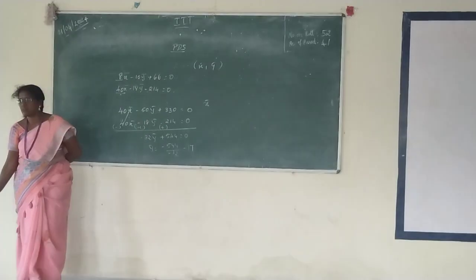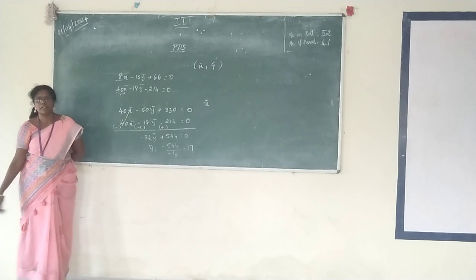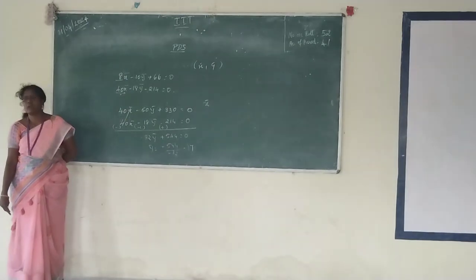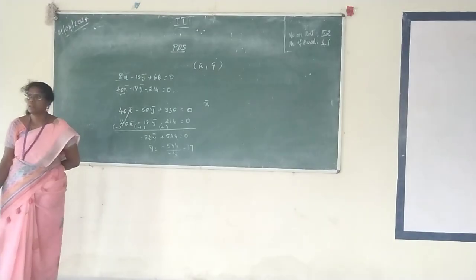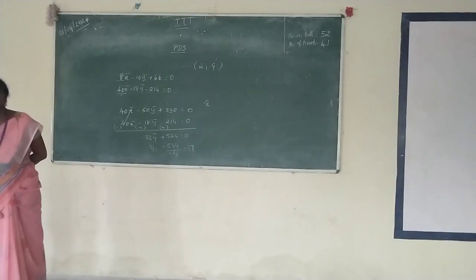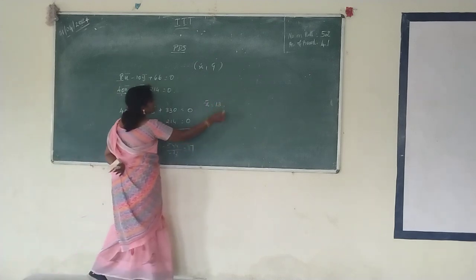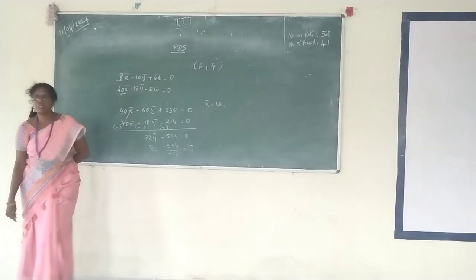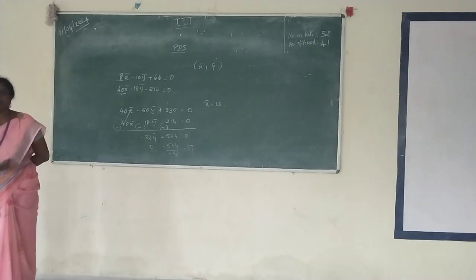That is your choice: either step by step solving or use a calculator. Find y bar, sorry, x bar. X bar is 30 and y bar is 30. So this can be asked separately as a 2-mark question.